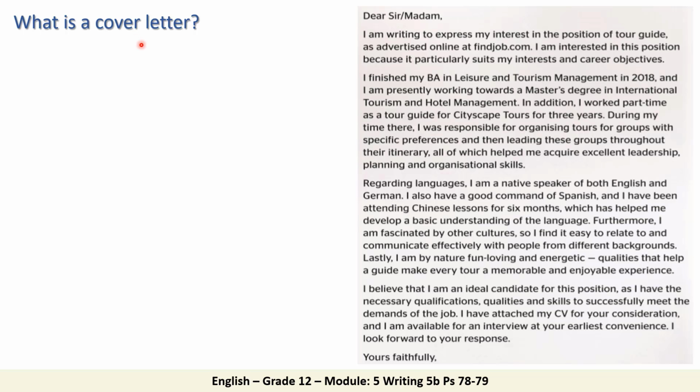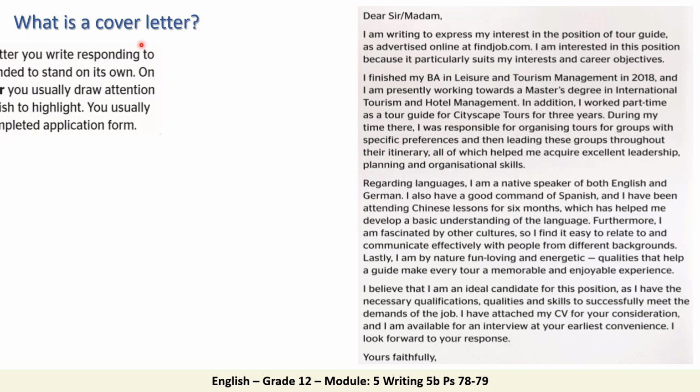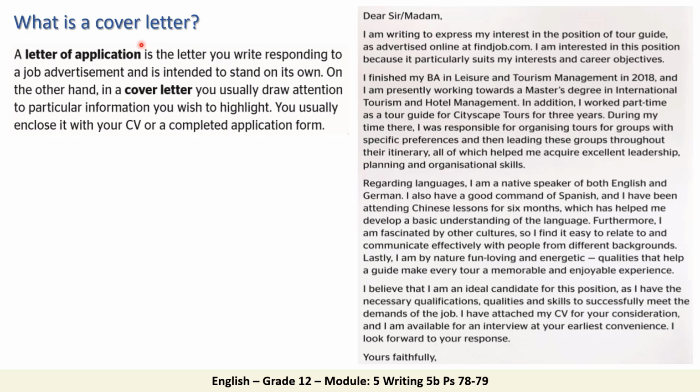Now that we have finished reading an advertisement compared with a personal profile paragraph, let's analyze a cover letter. But let's take a quick look at the difference between a cover letter and a letter of application. A letter of application is the letter you write responding to a job advertisement and is intended to stand on its own, which means that you can write a letter of application and send it alone without a CV.